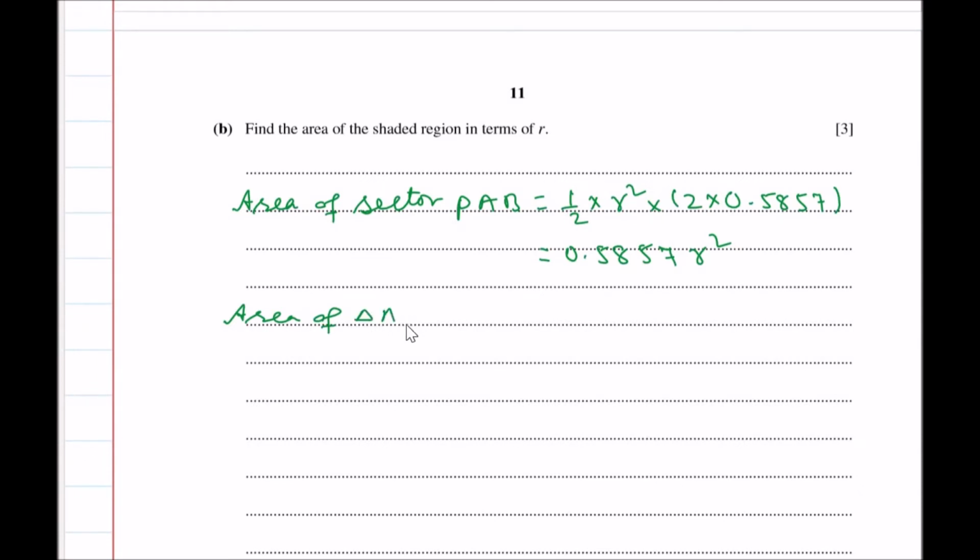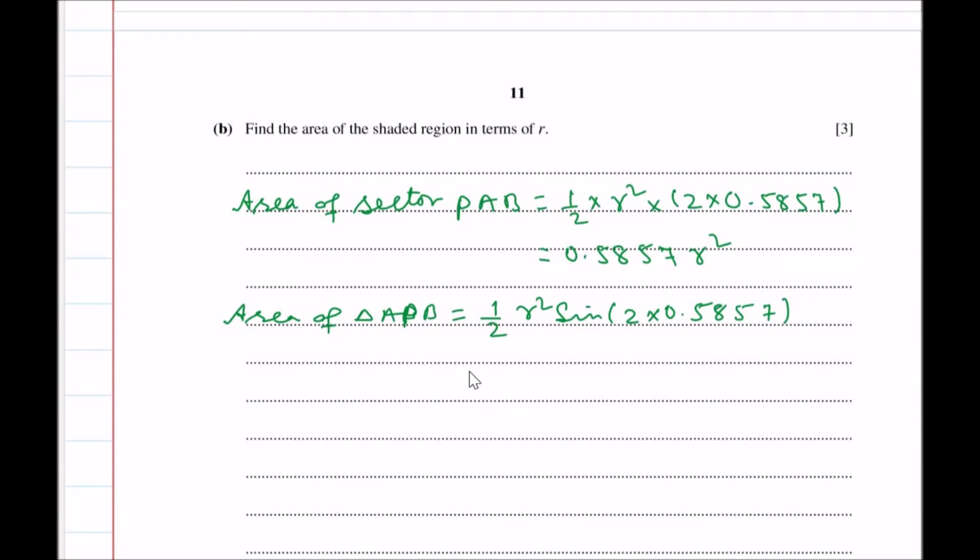Okay. Now area of triangle APB. Triangle APB is equal to half r squared sine theta. That is the formula, half ab sine C. So half r squared and sine theta, where theta is 2 times 0.5857.